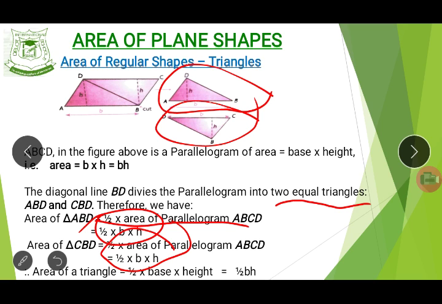If you know the area of a triangle before, this is how it was derived: half base times height, meaning half of the area of a parallelogram. So that is basically everything about the formula for the area of a triangle.